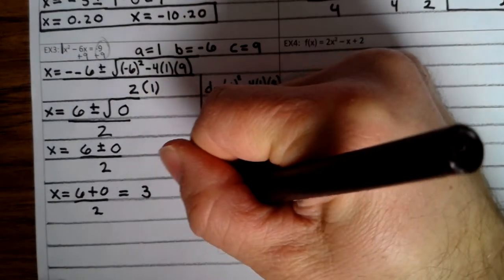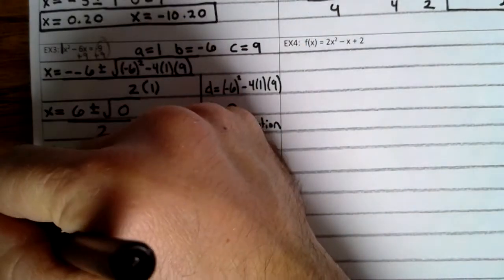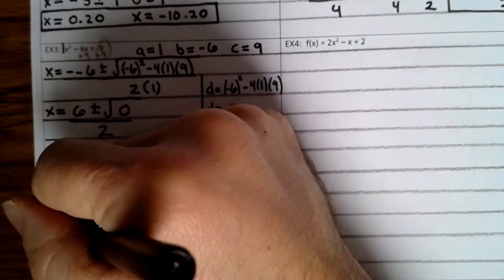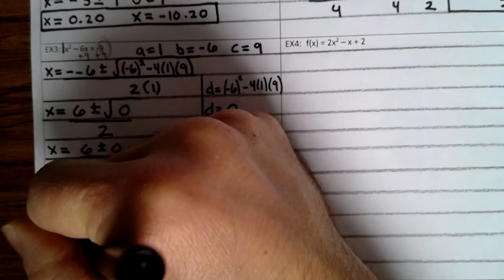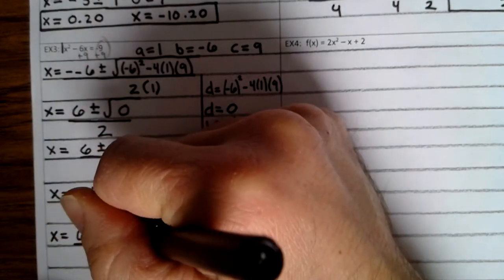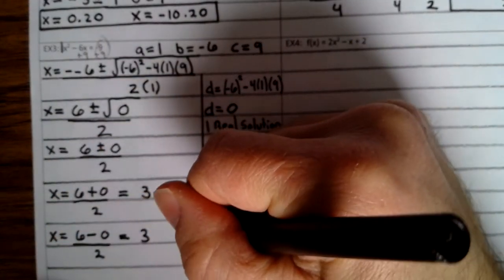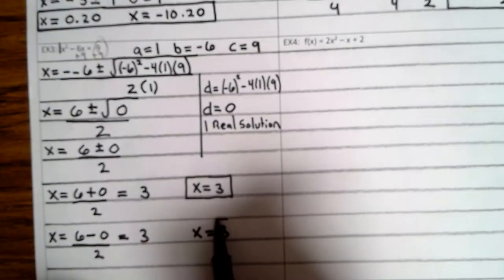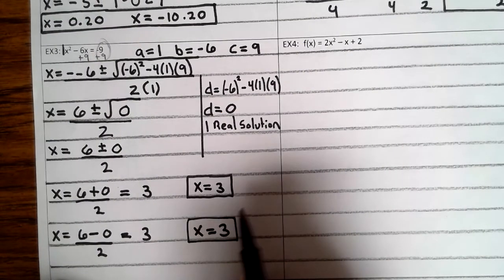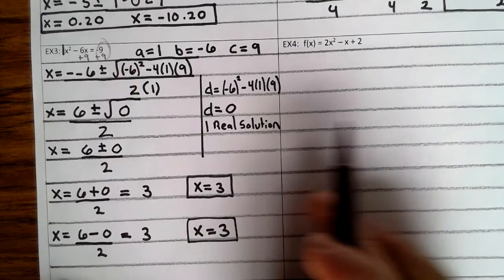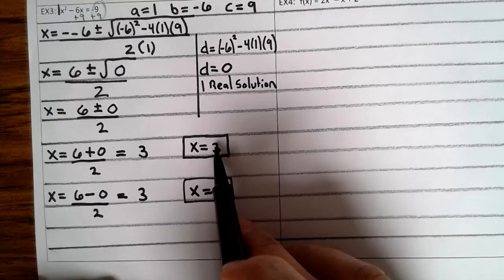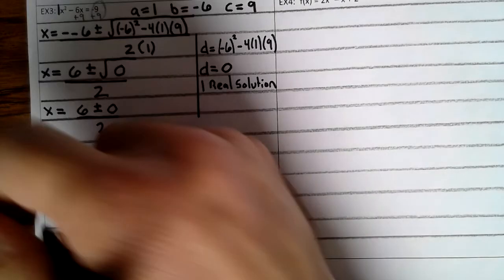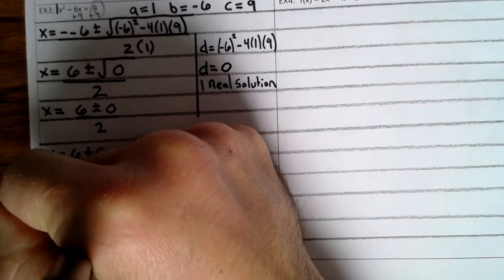So x equals 3 again. Notice we knew that we were going to get one real solution, but when you get the same number twice, we say that x equals 3, and we have to say multiplicity of 2.